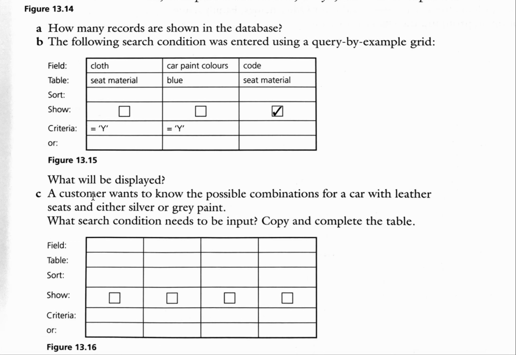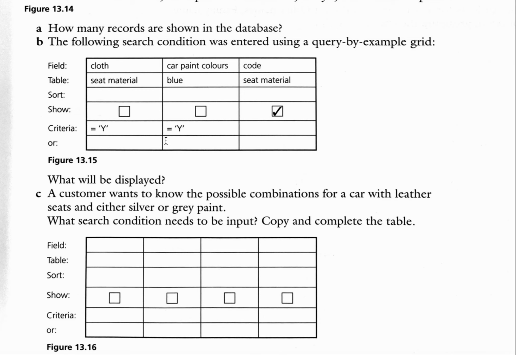Letter C: a customer wants to know the possible combinations for a car with leather seats and either silver or gray paint. Which search condition needs to be input? You had an example already up here.